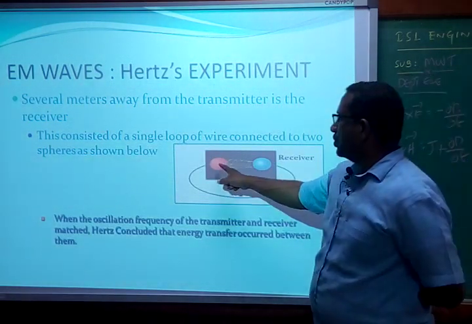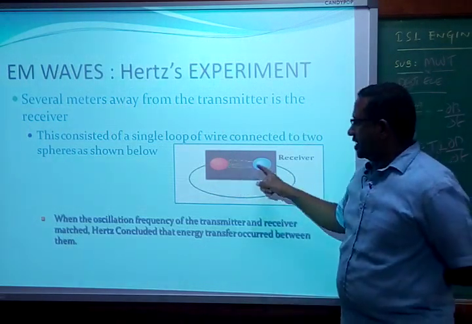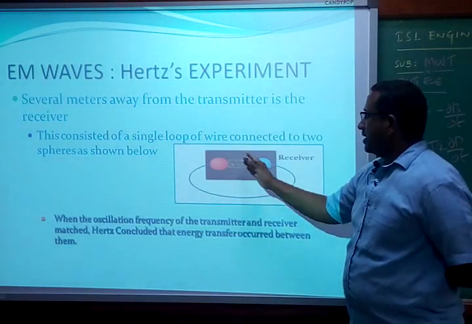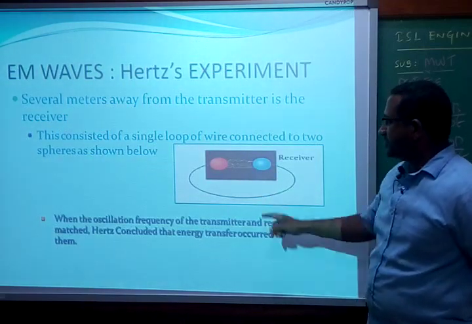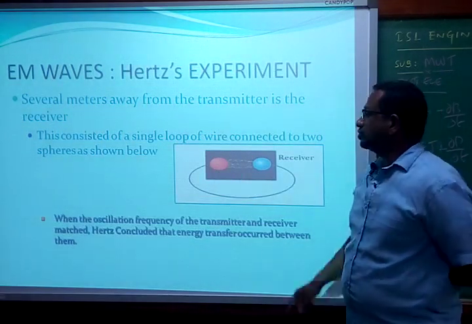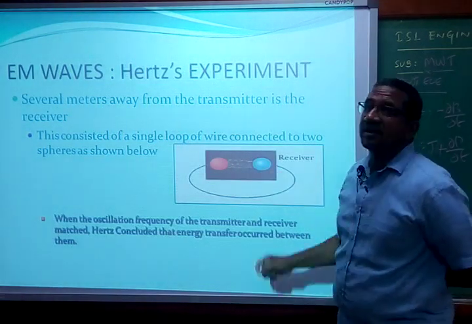Now the source is going to first radiate energy, and the space between the source and the destination is separated by some meters of distance. The red one is the source, the blue one is the receiver. The source radiates a signal, and that signal is received by the receiver.